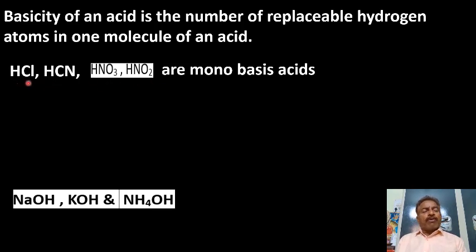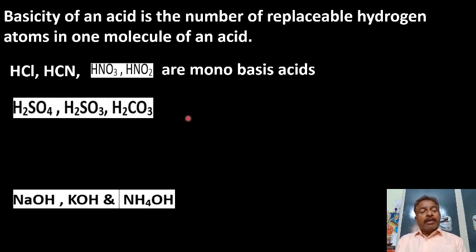When HCl is dissolved in water, it gives H plus and Cl minus. That means one hydrogen ion is replaced. Therefore, they are referred to as monobasic acids.